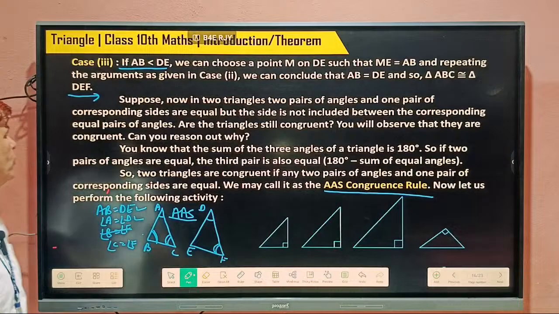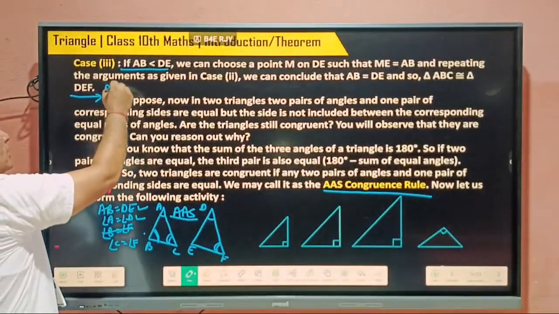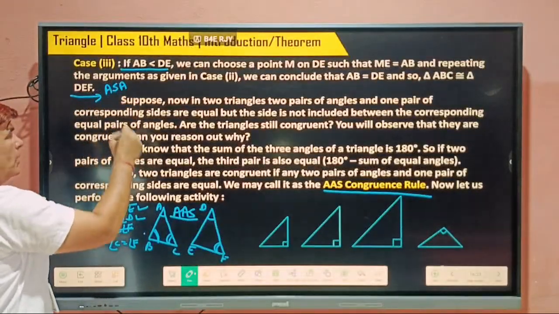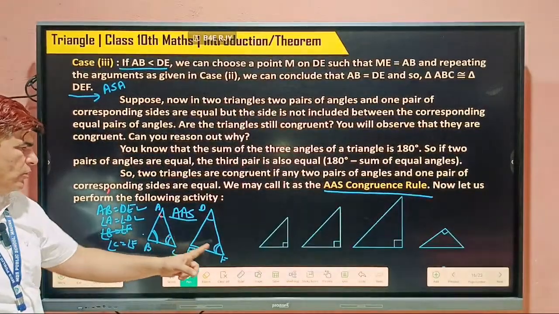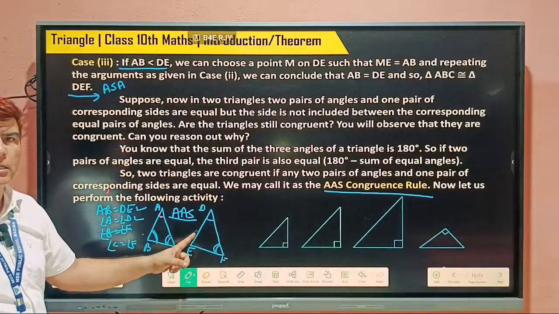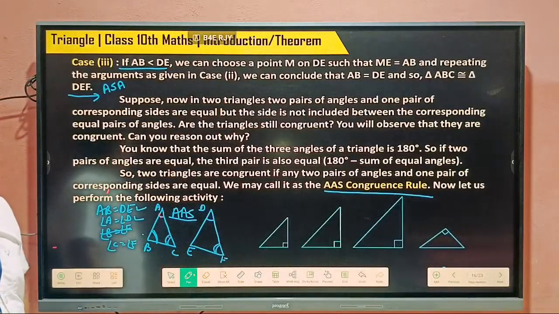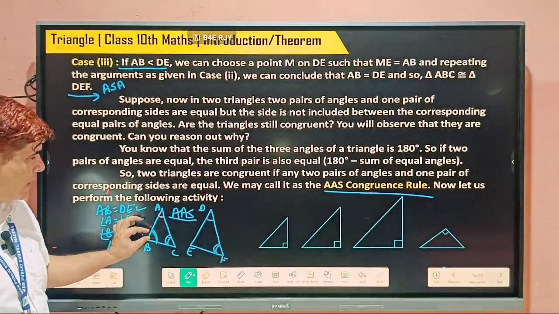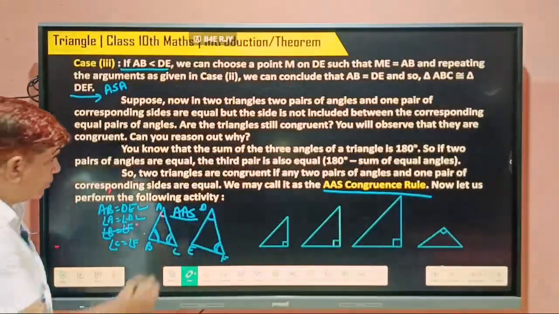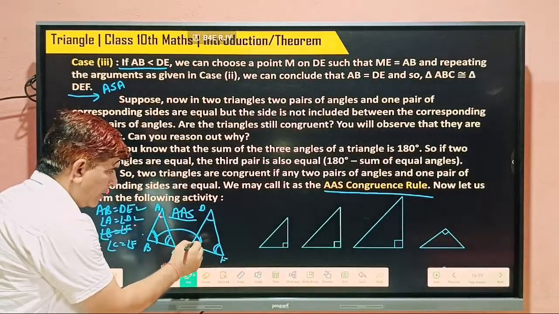Understood? Till now we know ASA. But here this angle equals this angle, and this side equals this side. What about congruency? If two angles become equal, then the third angle automatically becomes equal.